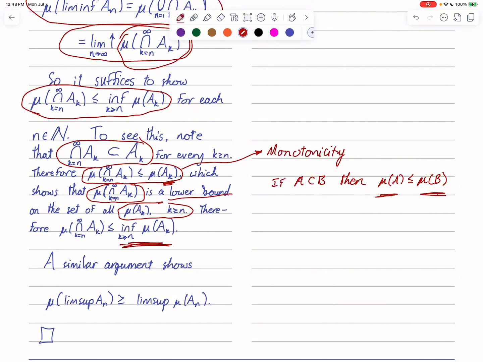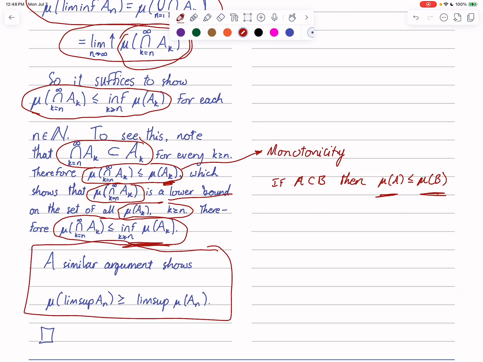And therefore, we must have this inequality, which was exactly what we had hoped to demonstrate. And from here, the rest of the proof I have already explained verbally, so if you want it written out in detail, I'll leave that to the viewer. I won't go through the case for Limsup because it is nearly identical.